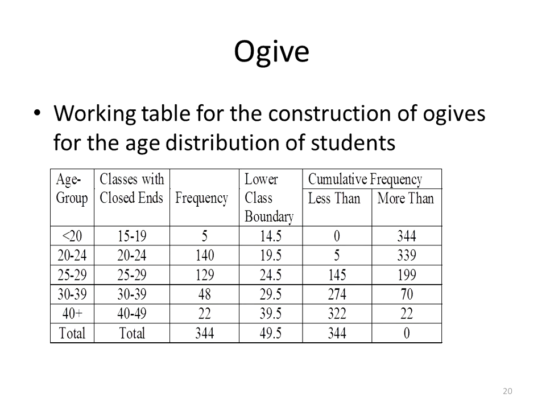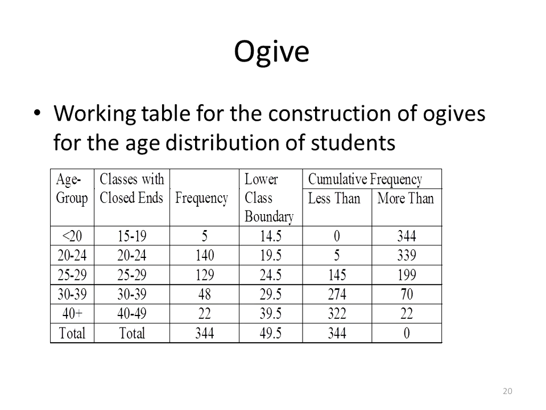That plus 48 gives us 322, and 322 plus 22 gives us now 344. That is now the same as the total. As you can see, each of the less than cumulative frequencies corresponds to a given lower class boundary.